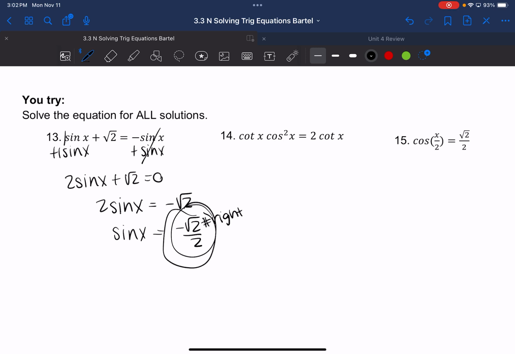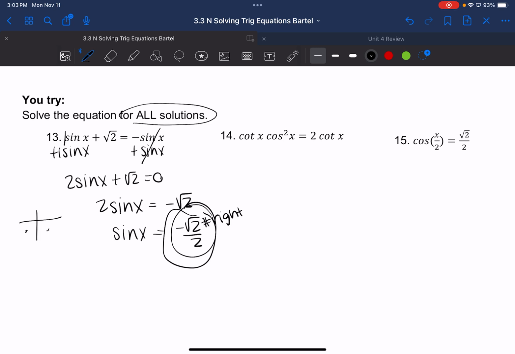They want negative, so which quadrants am I looking at? 3 and 4, right? Okay. So here and here. So what are my multiples of pi over 4 in those 2 quadrants? 5 pi over 4 and 7 pi over 4. So if I was only supposed to give 2 answers, those would be it, right?